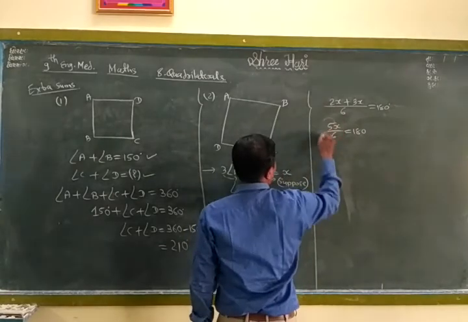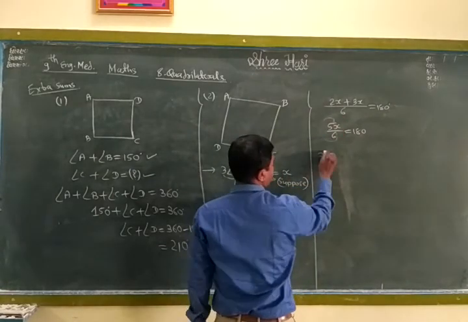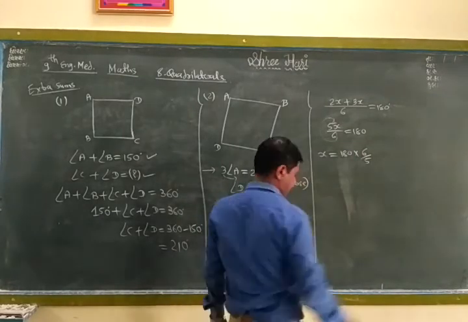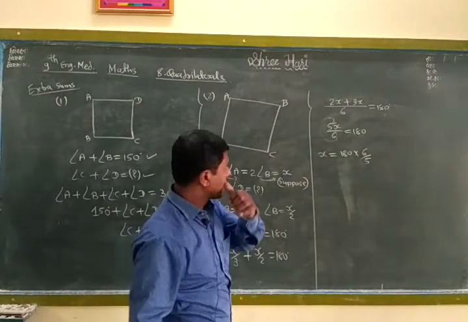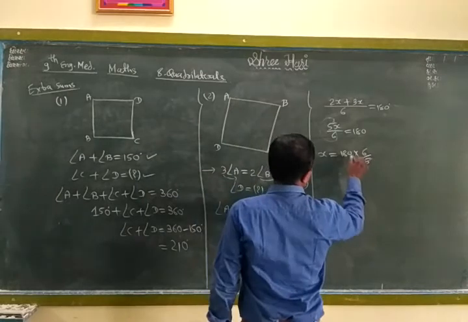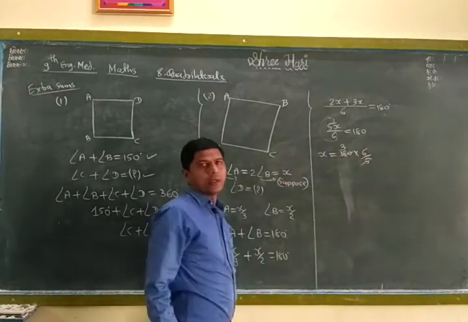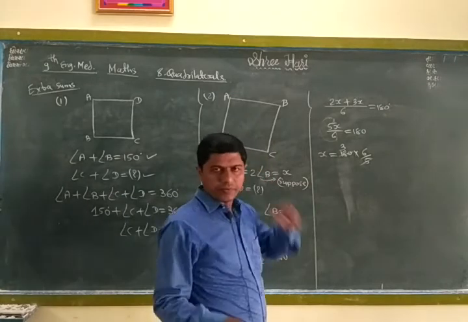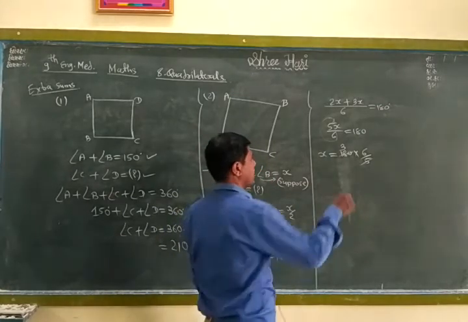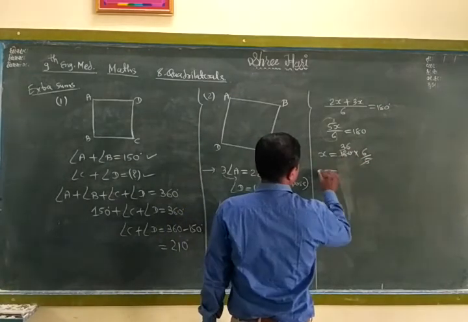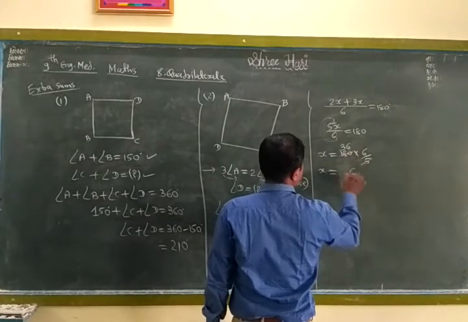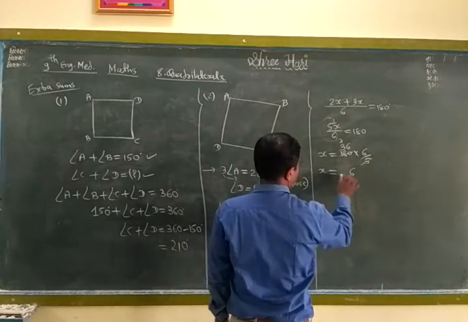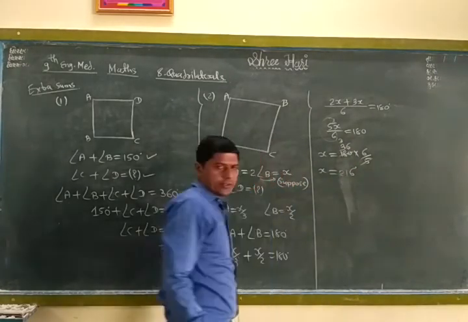Now the whole term going this side, reciprocal, into 6 by 5. Cutting, 5 3s are 15, so 3 remains; 5 6s are 30. X is equal to 36 times 6, which is 216.